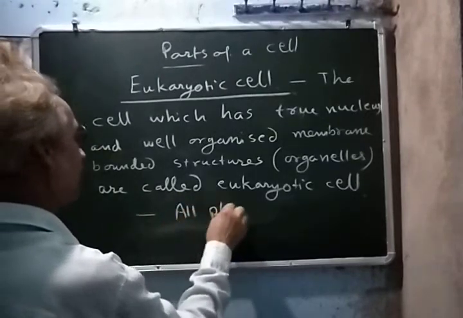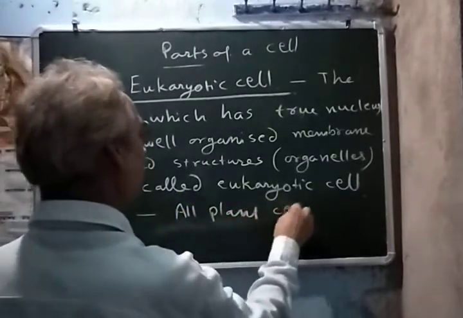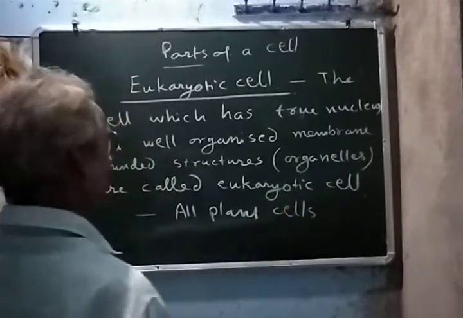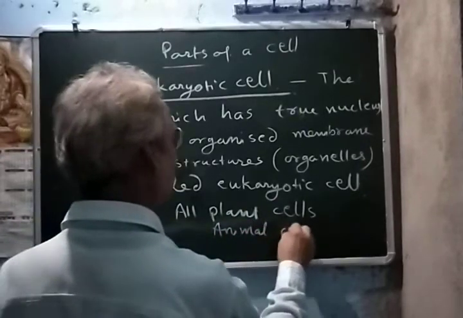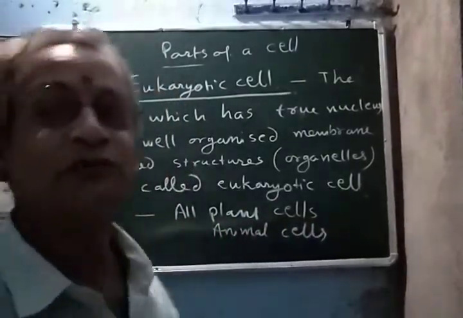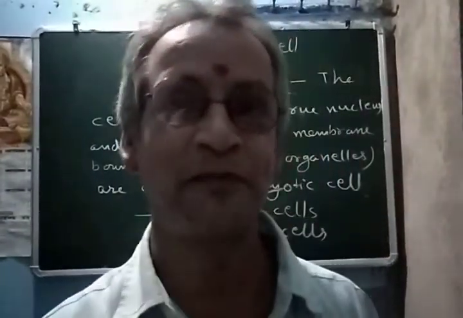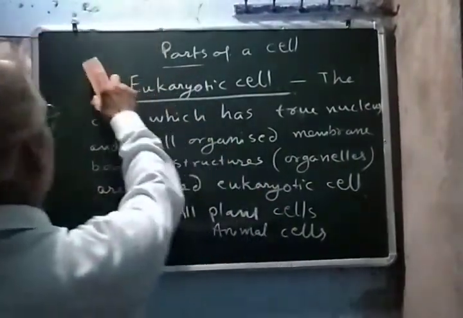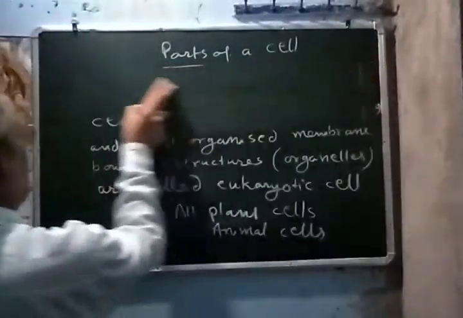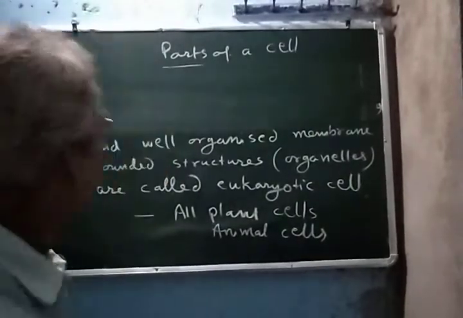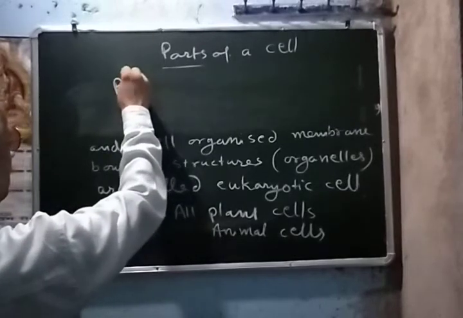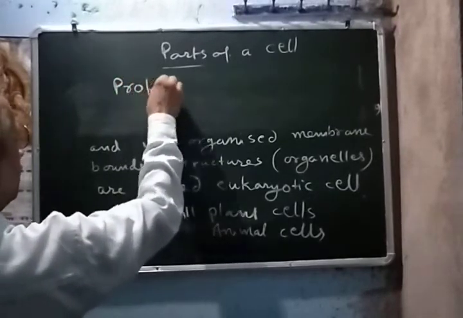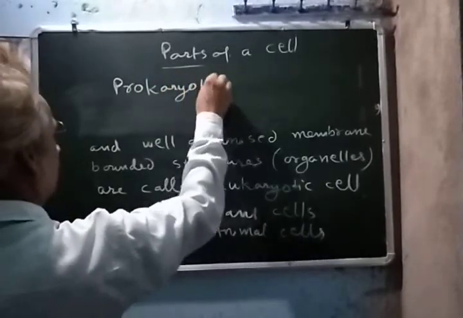All plant cells and all animal cells are made up of eukaryotic cell. But some cells are prokaryotic cell.